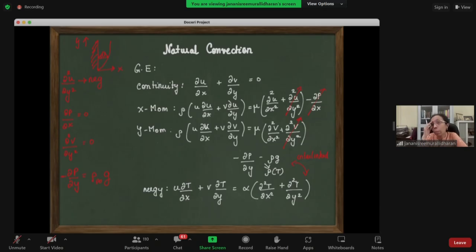Have an analogy to your pipe flow, right? So your gradient at the wall with respect to the normal to the wall is more than the axial. So you remove this term, you neglect this term. You also say that convection driven dou p by dou x, in the normal direction, is not significant, right? So this is also something I will remove. Okay, there is no bulk movement driven by pressure difference in this direction.